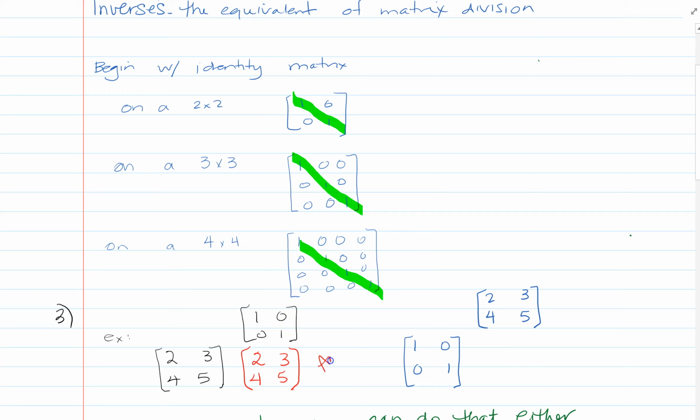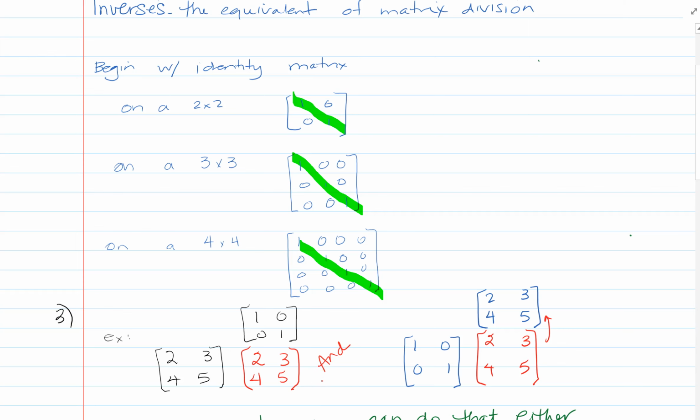And if I take the identity matrix and multiply it by this, look what happens. This becomes 2 and 0, 3 and 0, 0 and 4, 0 and 5, and what we have is this one.